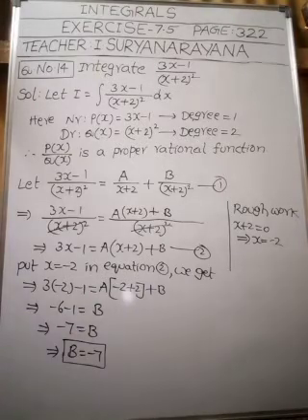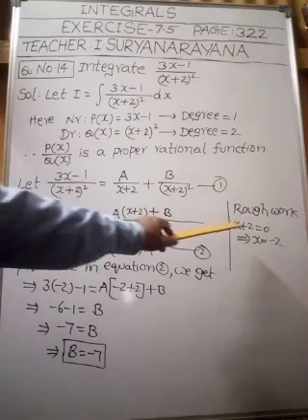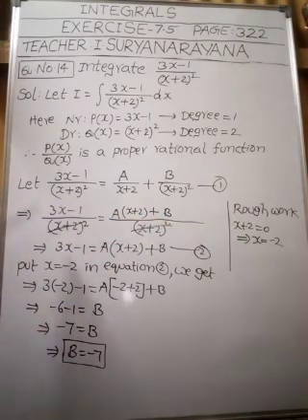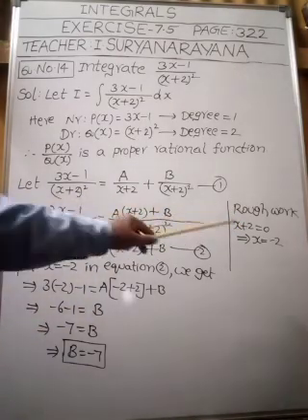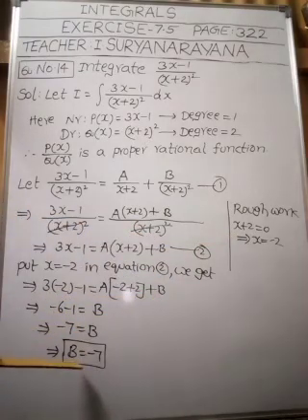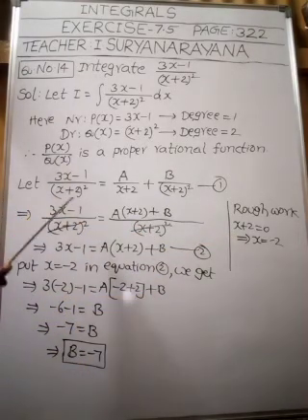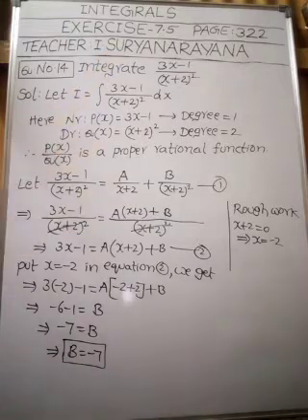Now we have to compare the coefficients of the highest power of x on both sides, as we did for the previous question, after substituting the values of x by taking the non-repeated linear factors and repeated linear factors. To find the remaining values, we compare the coefficients of the highest power of x on both sides. Okay, my children, understood this point?